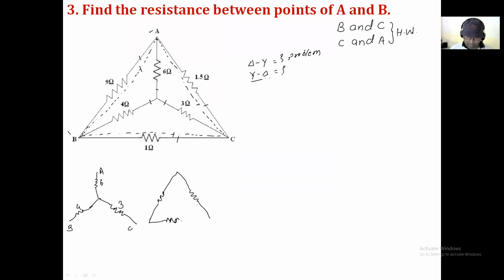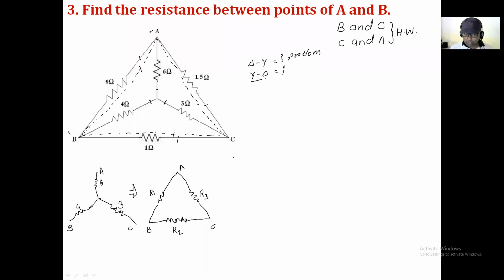Upper point A, and B and C are the lower points. So I say that A, B, C. And now we have to calculate R1, R2, and R3. Is it right? So let's say that these two diagrams are electrically equivalent.